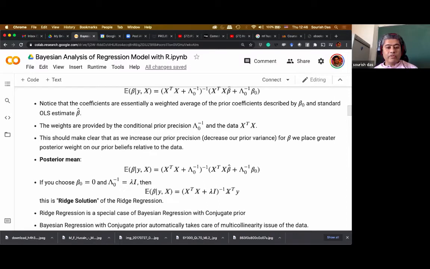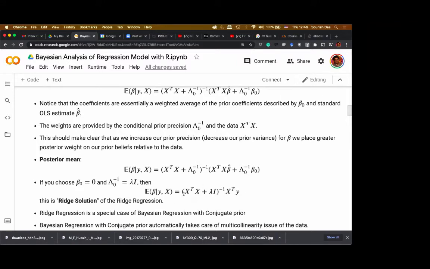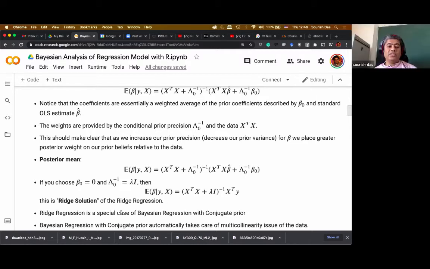If you remember from your regression classification course, this is actually the Ridge solution. So Ridge regression is a special case of Bayesian regression with conjugate prior.